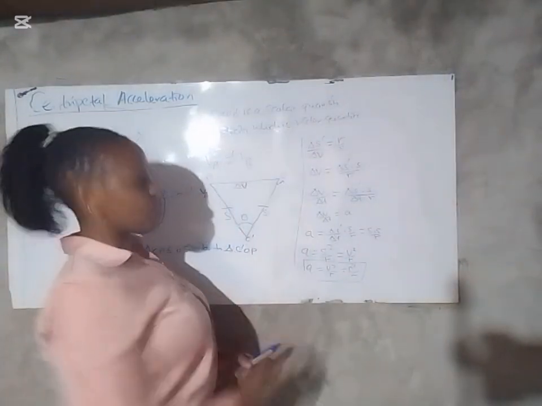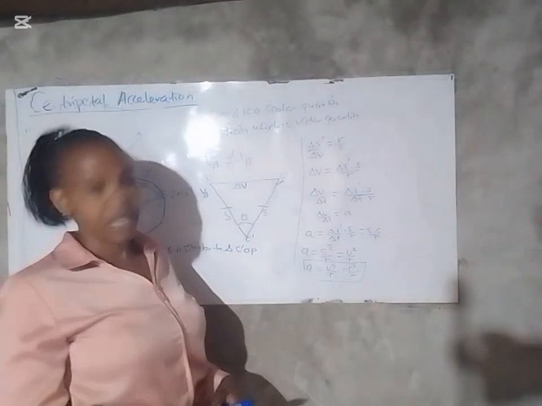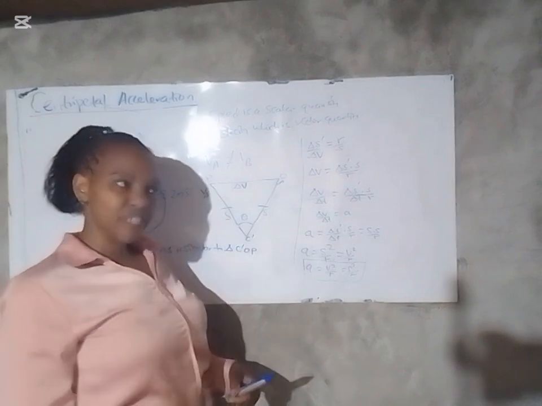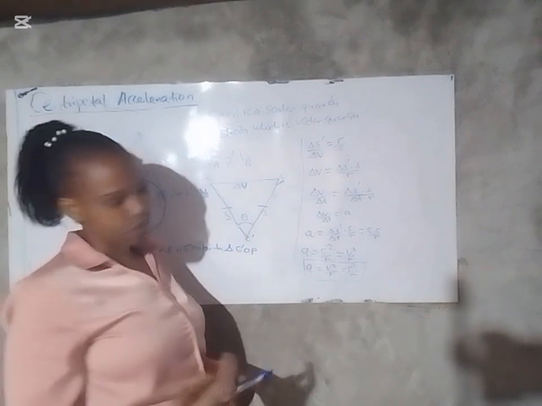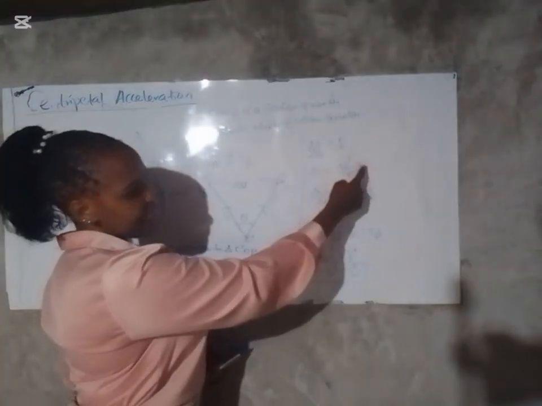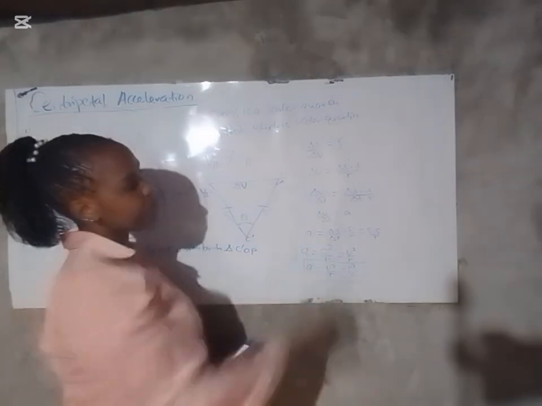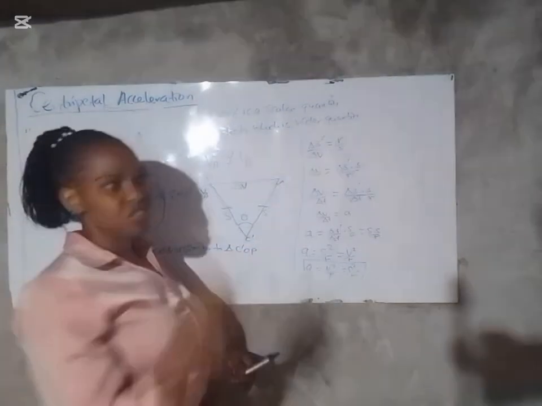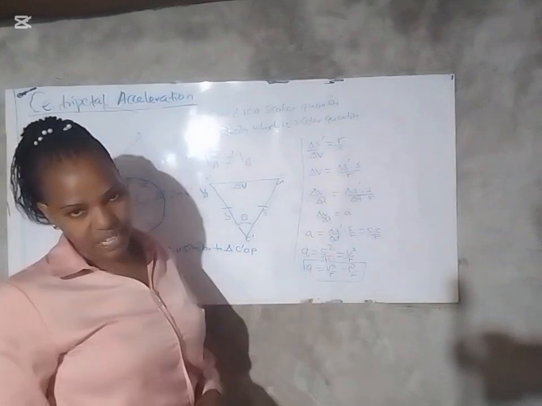We came down to making delta V the subject. Why delta V the subject and not the others? Because delta V divided by delta T gives us acceleration. So delta V made the subject gave us delta S prime times S over R, where S is speed, delta S prime is change in arc length, and R is the radius.